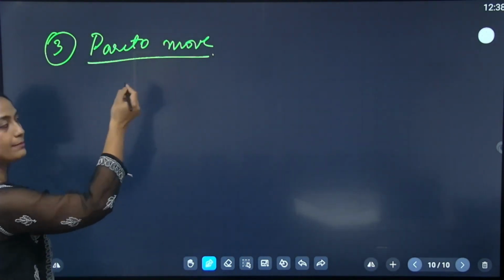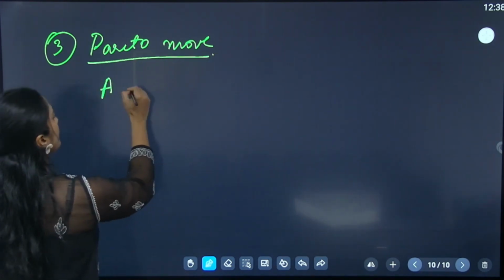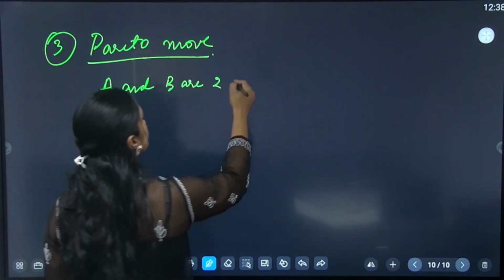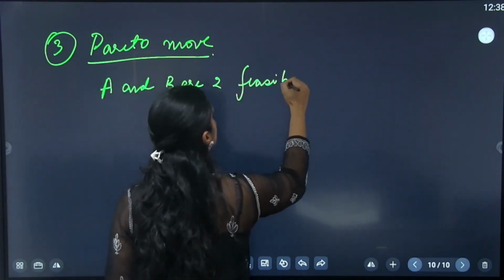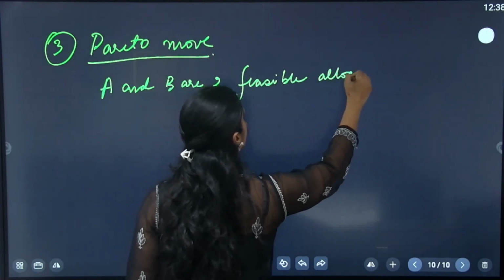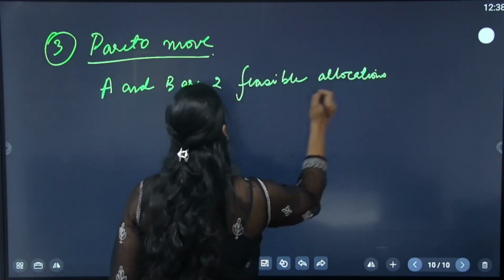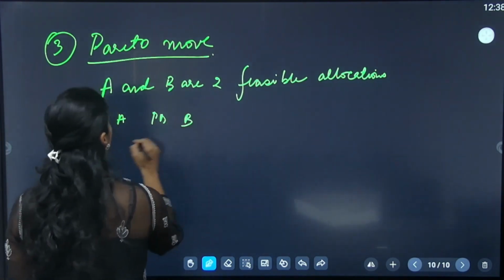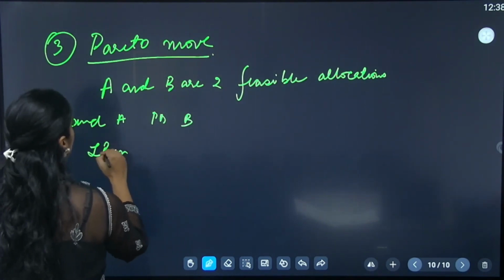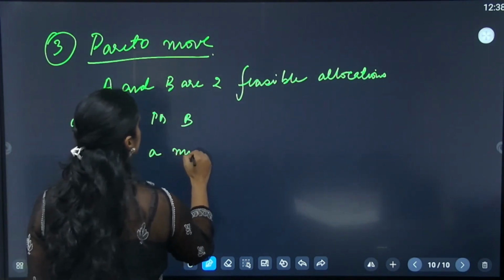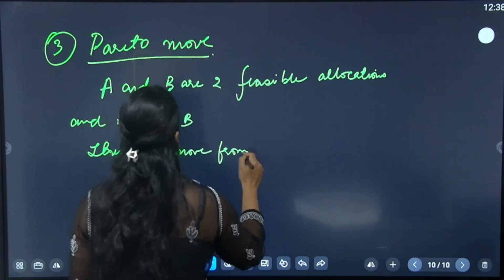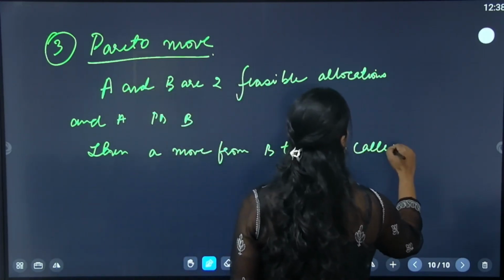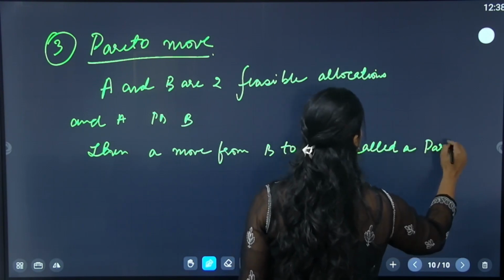We will use the same two bundles, A and B, two feasible allocations, and A Pareto dominates B. Then a move from B to A is called a Pareto move.